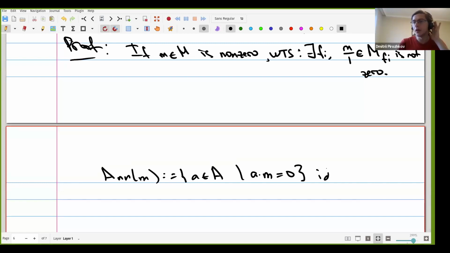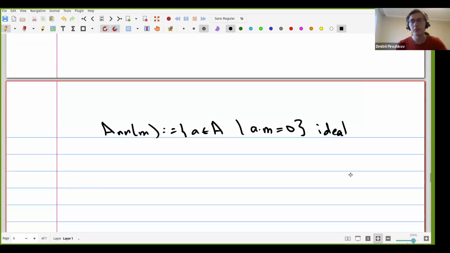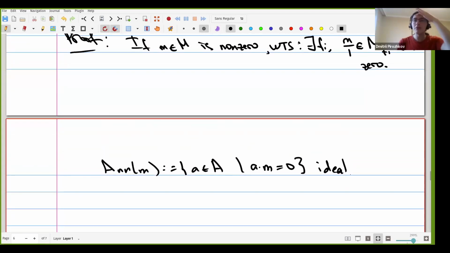You can easily see that this is an ideal, and moreover, since M was not assumed to be a 0 element, this means that not everything in our ring kills it, because our ring has a unit element, so at least the unit element is not an element of this annihilator.